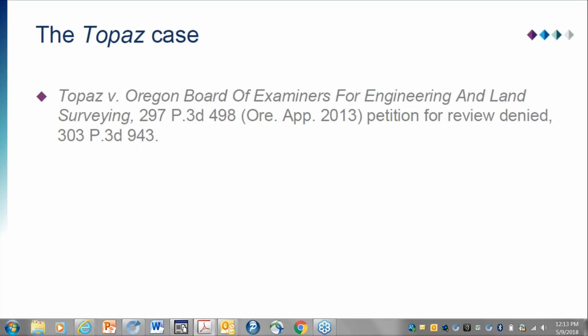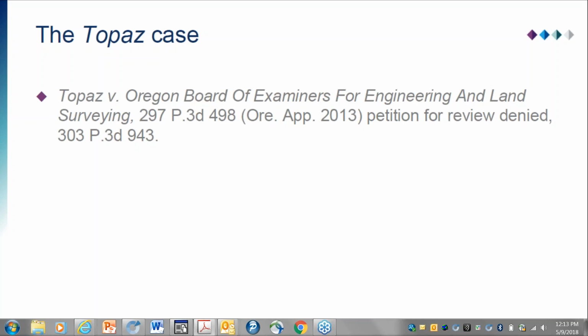In the Topaz case, they summarize it by saying that the person was a landowner, this Stephen Topaz, and he used to be licensed as a PE in the state of Maryland. Well, he wrote a letter complaining to the Board of Examiners, of all people, about the city's sanitary sewer project in front of his house, and he didn't like the way it was being done.